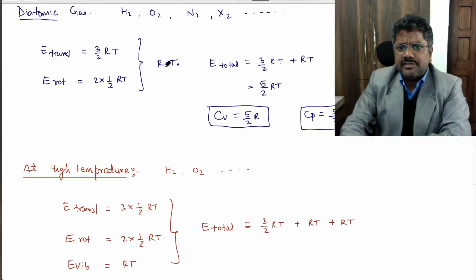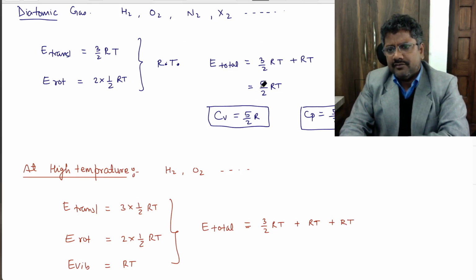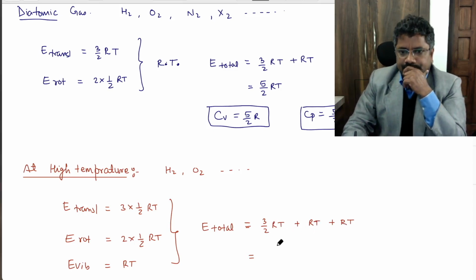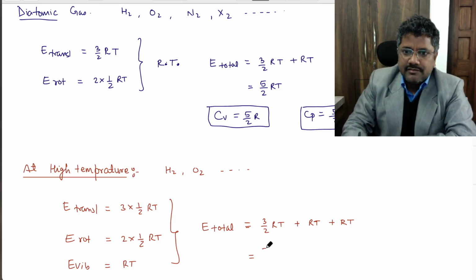Although we prefer this calculation, so this is 7 by 2 RT, right?